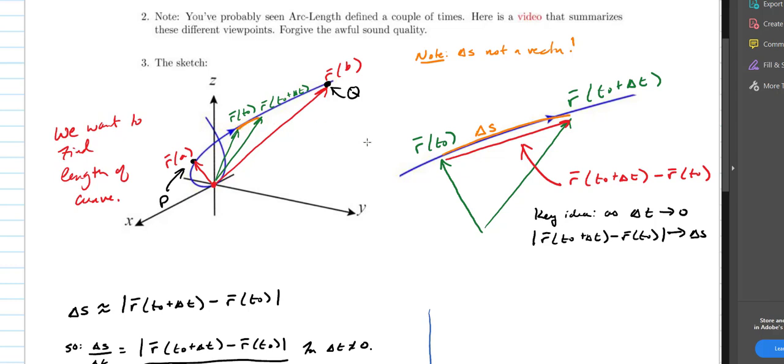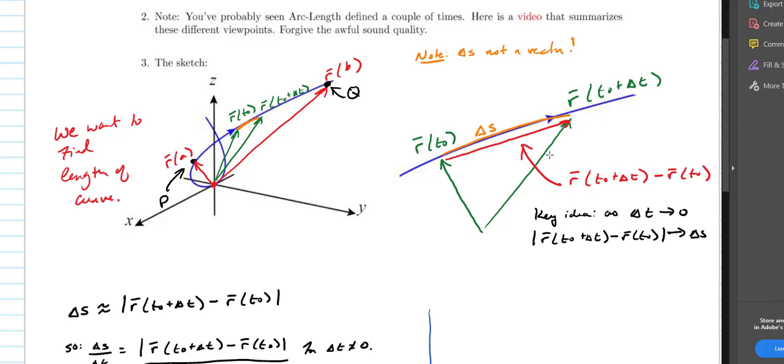Okay? Now, very important, the orange delta S segment that we're after, we'd like to add up all of these delta S segments, is not exactly the difference between this vector and this vector. So here I've sketched the difference between these 2 vectors is this red vector right here.